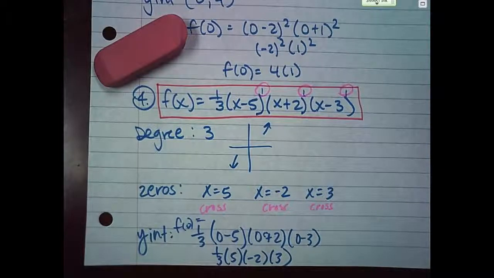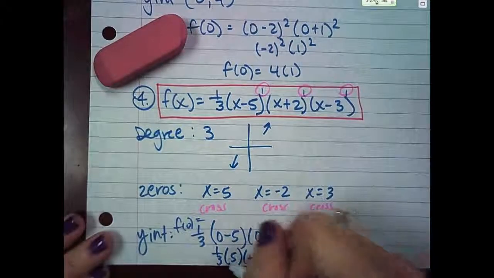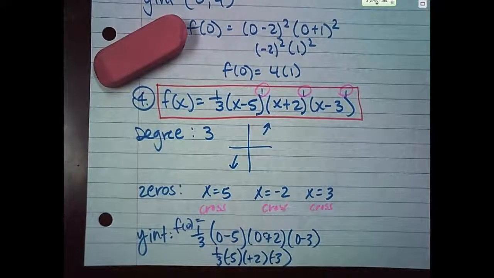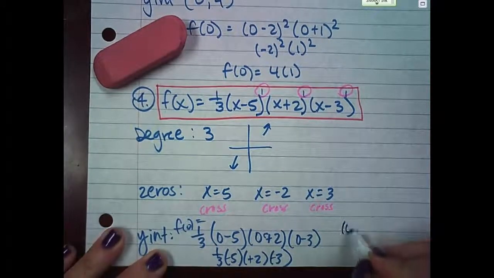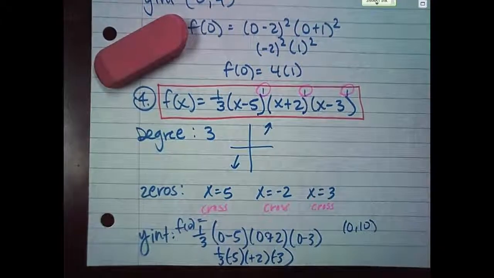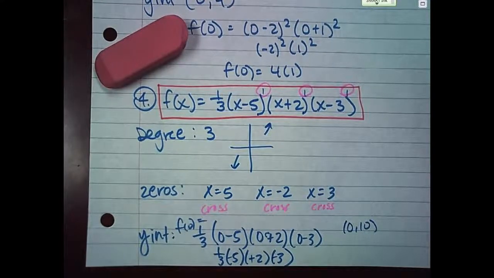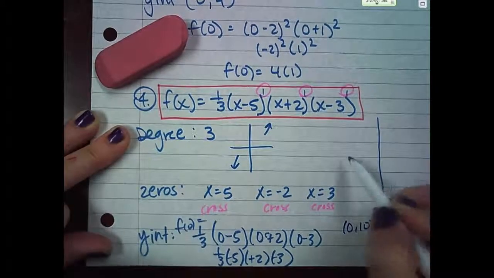So you end up with negative 10. Oh, negative, that's what's missing. There you go. The 3 is negative, and the 5, there. I knew the final answer should be positive 10. Is that what you got? 10. Okay. Sorry, guys.